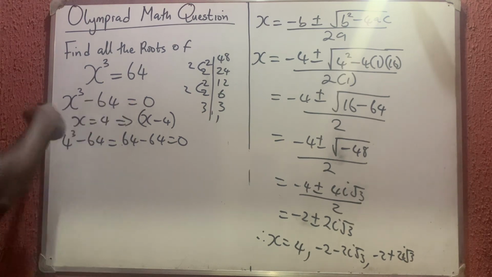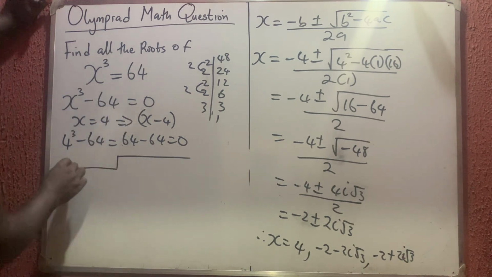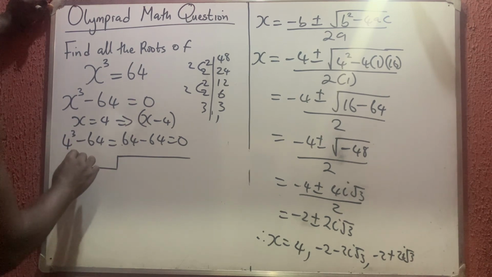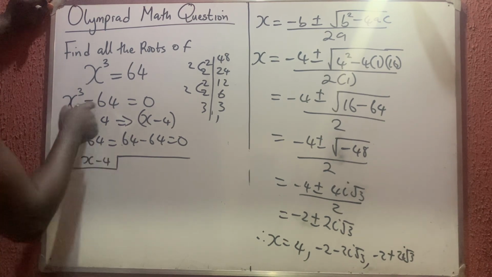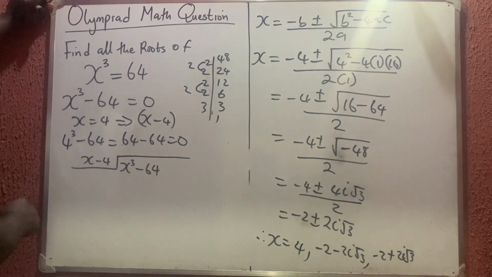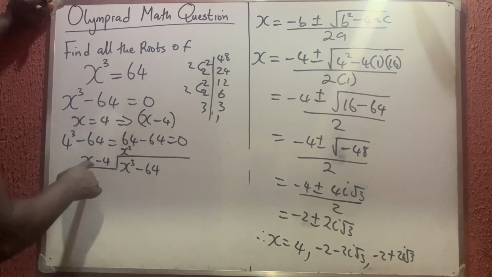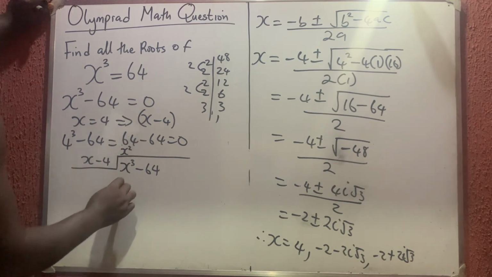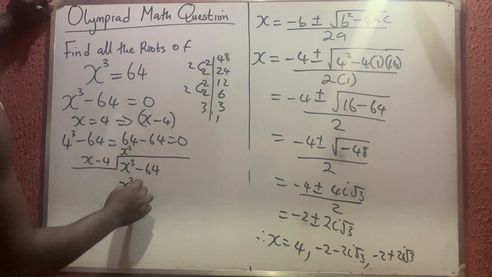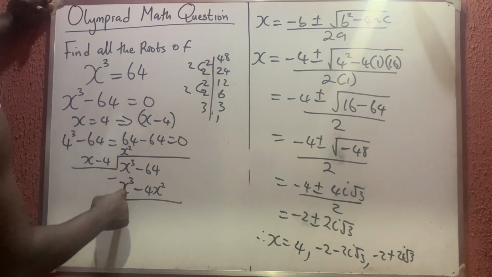So you can now solve by division of polynomial. I'm having x minus 4, the factor, dividing x cubed minus 64. Now this divided by this gives you x squared. Now x squared times this will give you x raised to power 3 minus 4x squared. Now if you subtract, this and this is gone.